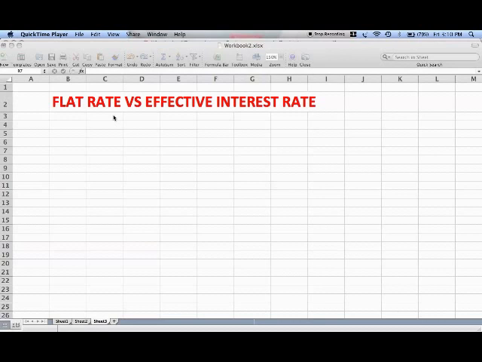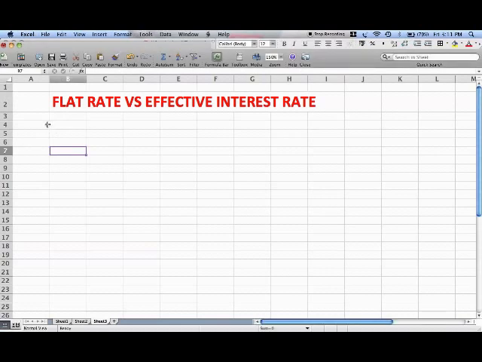I will also show you in this video how to convert from the flat rate to the effective interest rate. You can use the Excel formula to get that in less than 1 minute.